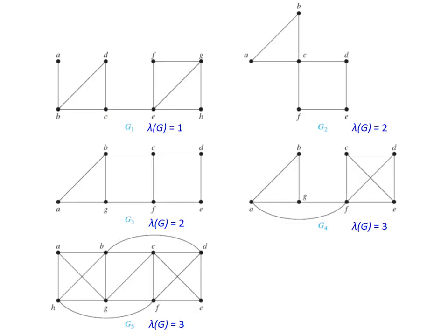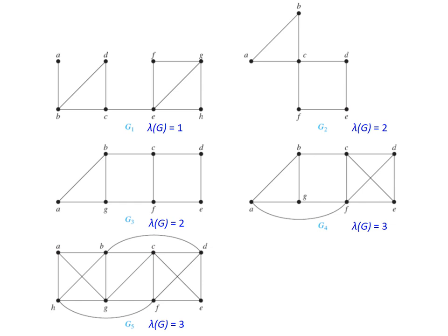Okay, so let's see this example. For G1, once you remove the edge, we will have two connected components. So lambda of G equals 1. For G2, actually, you can see the degree of each vertex of this graph is 4, 2, 2, 2, 2, 2.